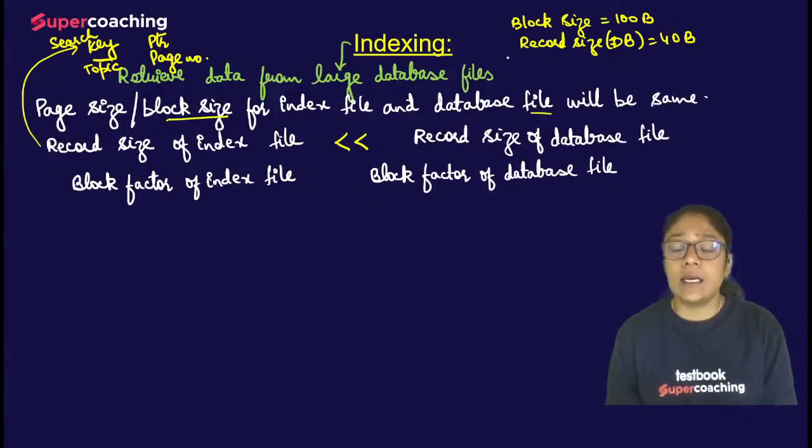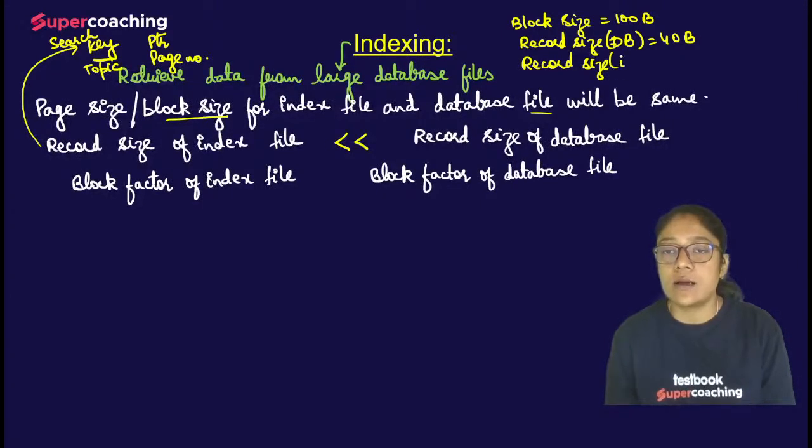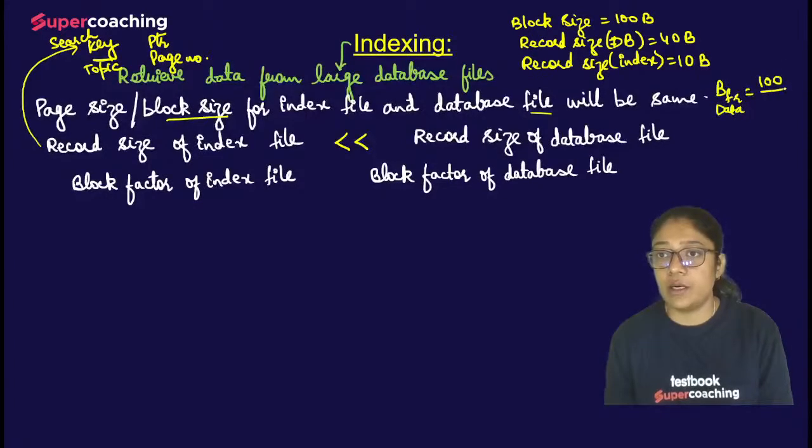And we know that in the index file the record size is much smaller than the database file. So I'm considering this as 10 bytes. So on the basis of this, we can determine the block factor for the database file. It comes out to be 2.5, 100 divided by 40.